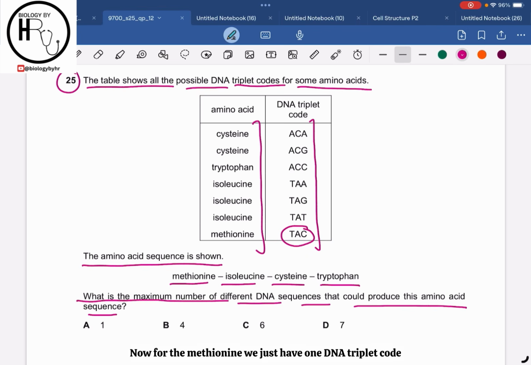For the methionine, we just have one DNA triplet code which is coding for the amino acid. So for methionine, only one code is there.